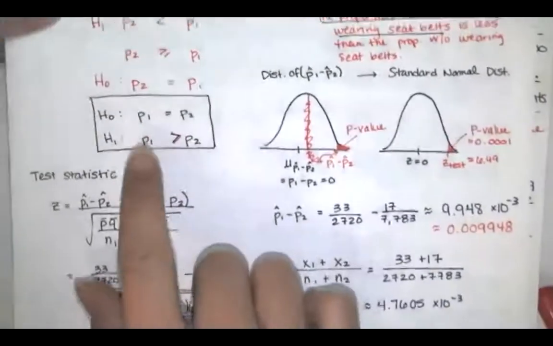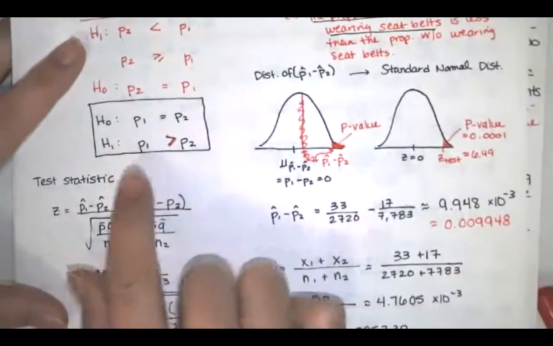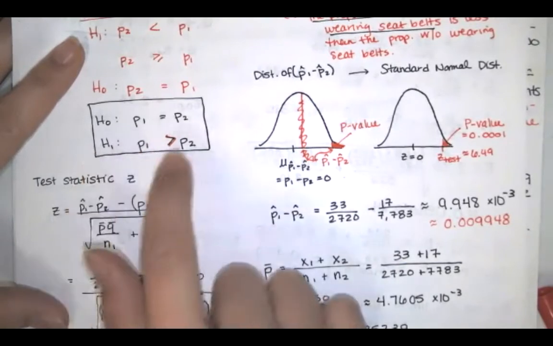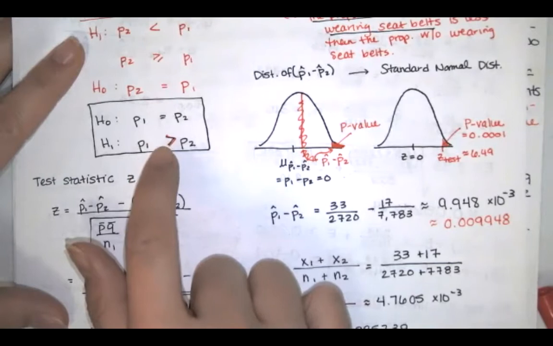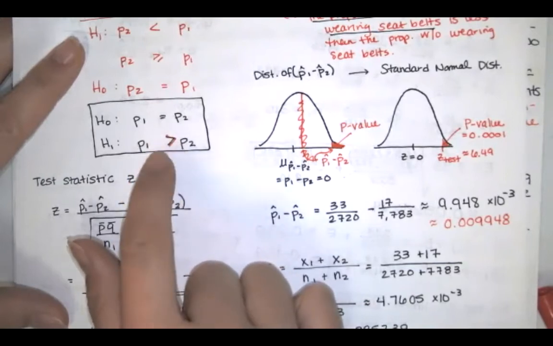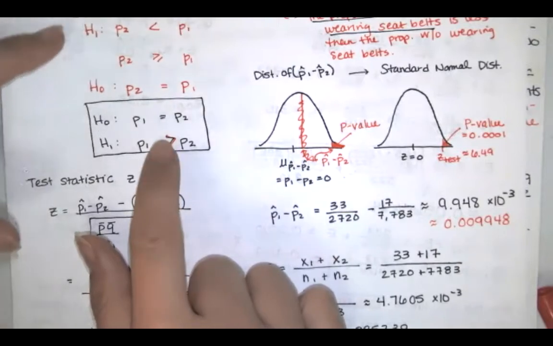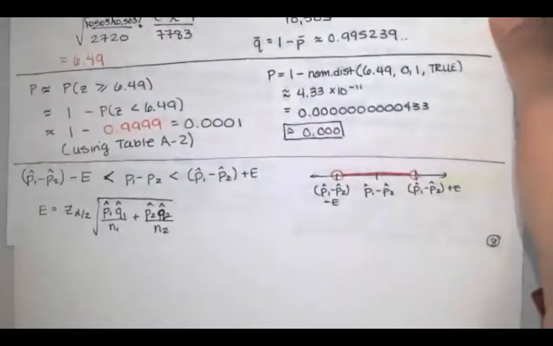Okay, so we go over here to our null and alternative hypotheses, and we see the alternative hypothesis has a greater than sign. So it's like an arrow pointing to the right. So that means this is a right-tailed test. So we've got a right-tailed test, and it was associated with a certain significance level.